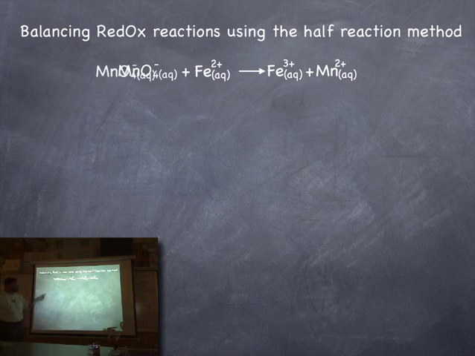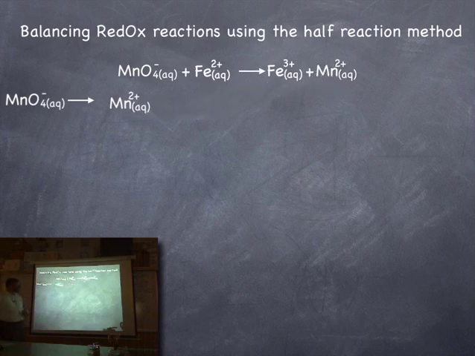One half is the permanganate ion going to the manganese. Now, what's the other half? We've got the iron 2+ going to iron 3+.